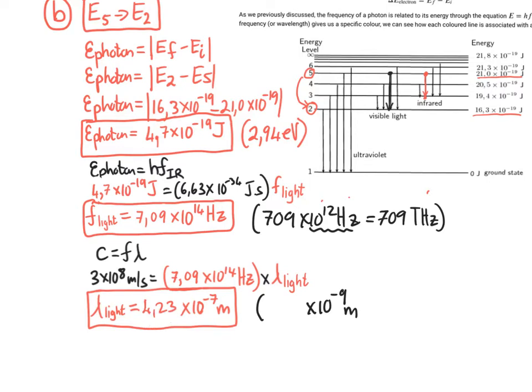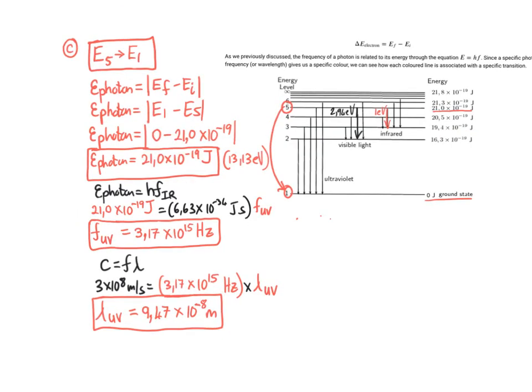So this becomes 423 times 10 to the minus 9 meters, which is 423 nanometers, which also falls into a well-known range for visible light, which is between 390 and 780 nanometers. So it's always good to look at the answers that you get and to relate them to what is practical and what you know.